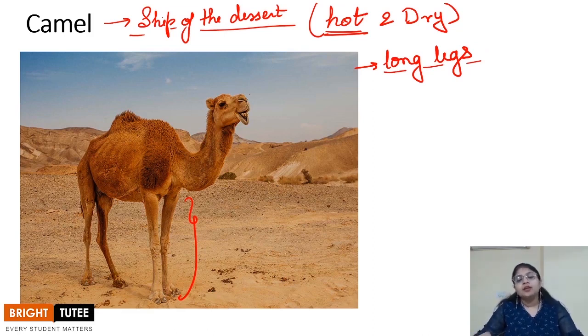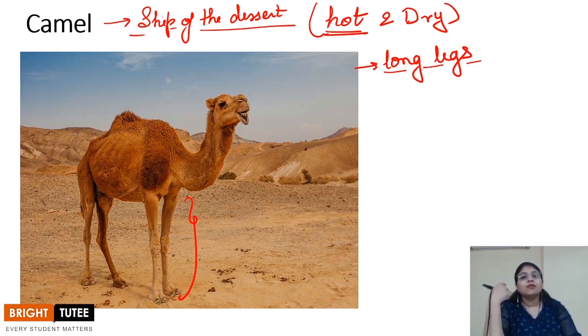I'm pretty sure all of you must have seen a camel. You must have seen how large it is, how tall it is, and you can see it traveling during the day as well. One of the reasons is its long legs, which help in moving from one part of the desert to the other.